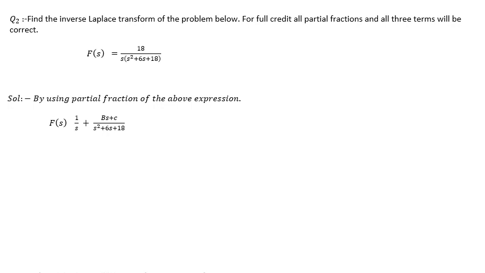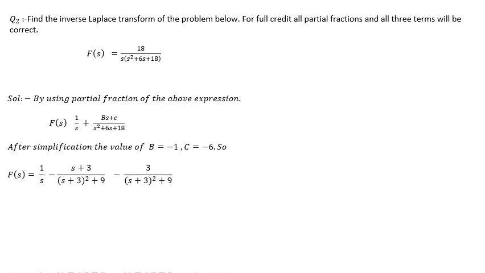Now we have to find the values of b and c by using the partial fraction method. After doing the analysis, the value of b comes out as -1 and c is equal to -6. So after putting in those values, the partial fraction becomes 1 upon s minus (s plus 3).